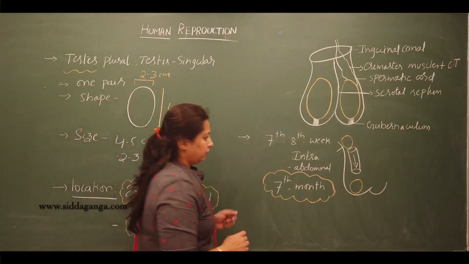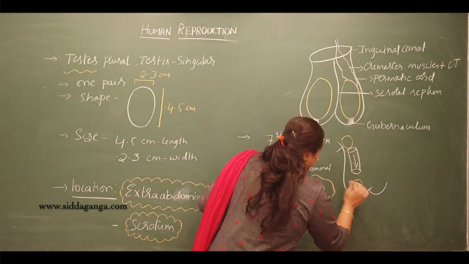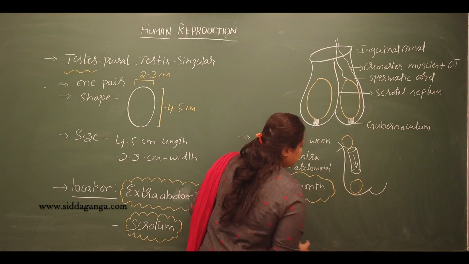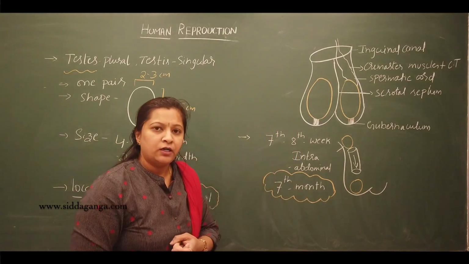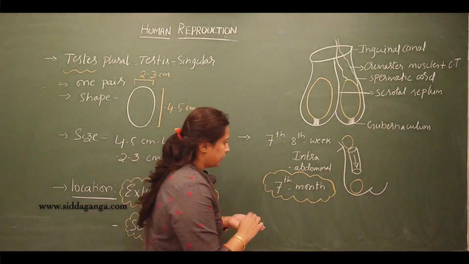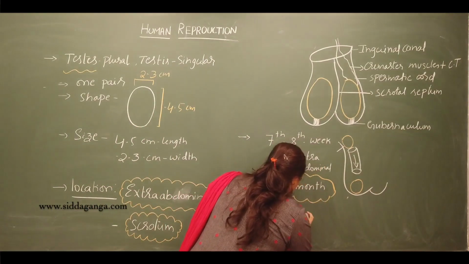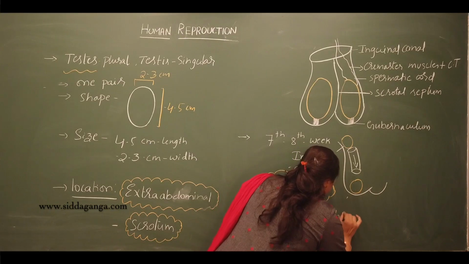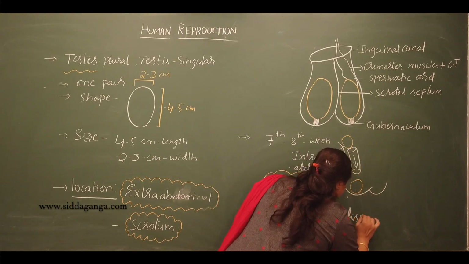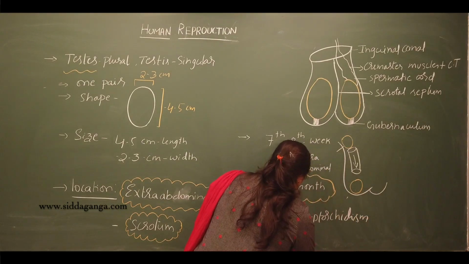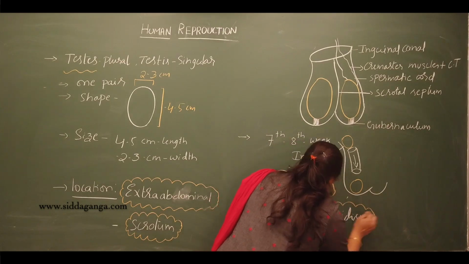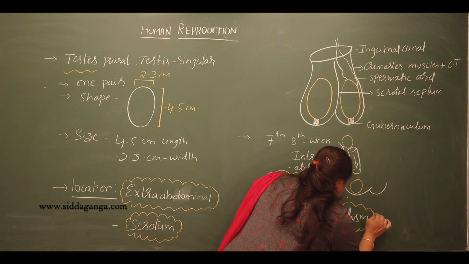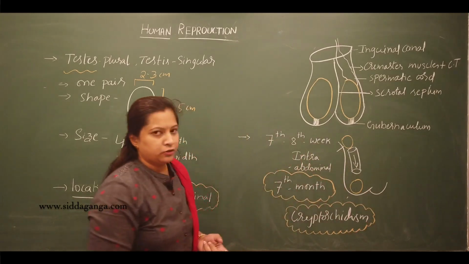If they fail to come, that is, failure of the testes to descend into the scrotum, it results in a clinical condition called cryptorchidism. Cryptorchidism means failure of the testes to descend into the scrotum. If they don't descend into the scrotum, they are unable to produce sperms.